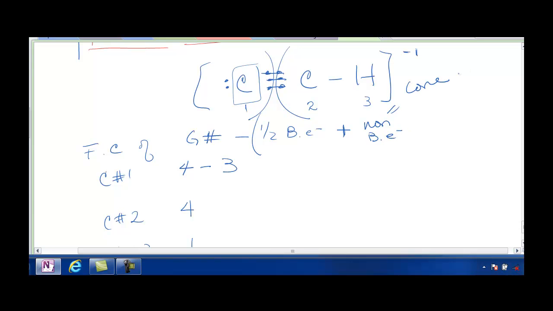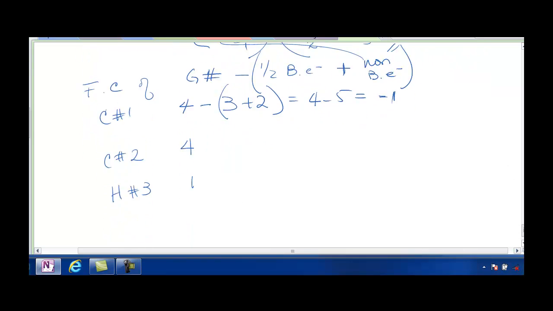In a lone pair, how many electrons do I have there? 2. So it's 3 plus 2. These are my 2 non-bonding electrons. So what do I have? 4 minus 5. What's the formal charge there? A negative 1.